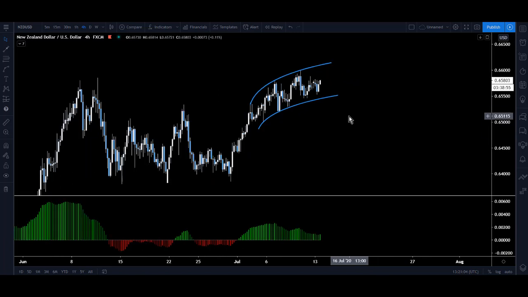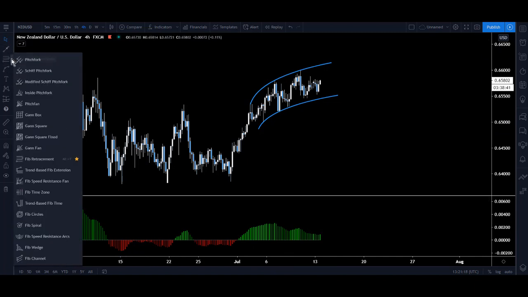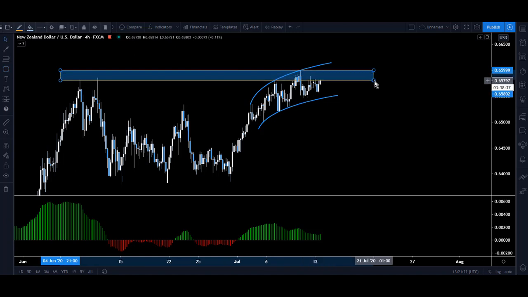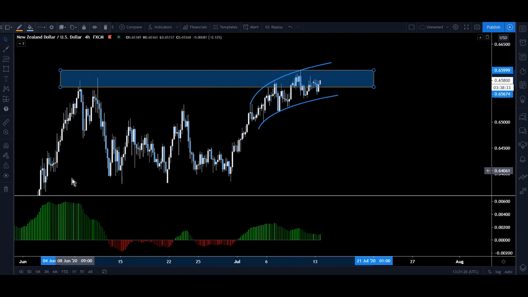You can actually see here, look, we made a high and a higher high, but a high and a lower high here. So we've got that divergence. You can also see this area. We can see price comes up into here when we're looking at these highs here.